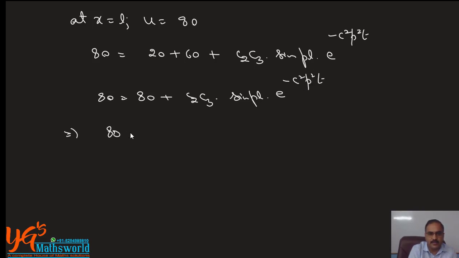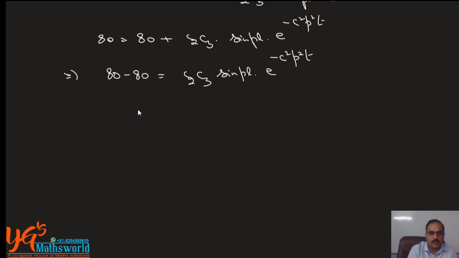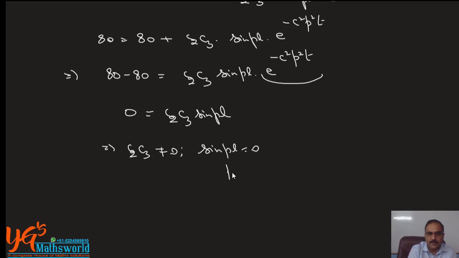From this one we get 80 minus 80 is equal to c2 c3 sin PL into e^(-c²p²t). Now that will be 0 is equal to c2 c3 sin PL, because this is dependent upon t, not on x, so we can remove this one. So from this part, c2 c3 cannot be 0. We have only the value of sin PL is equal to 0. That is PL is equal to n pi, or we can say p is equal to n pi by L.